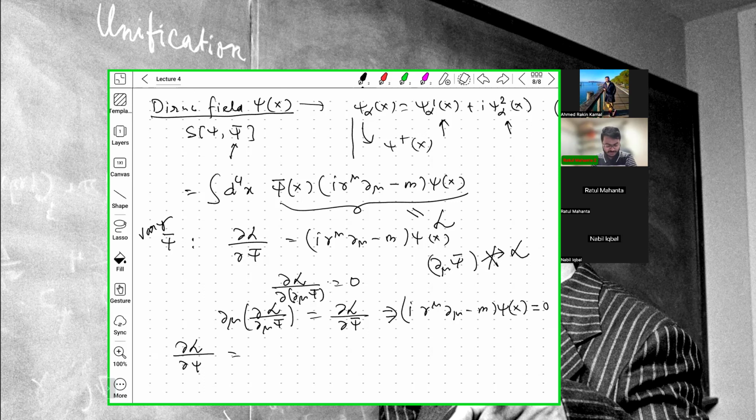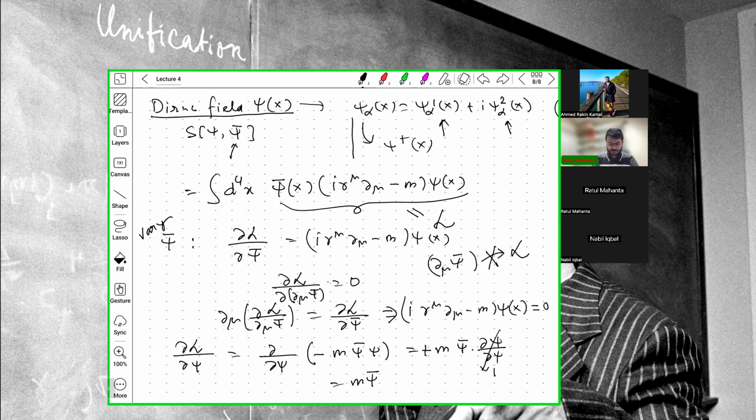So del L del psi, the contribution will be coming from this, and eventually it will be minus minus plus, because it's a Grassmann variable, times this will contribute to 1.